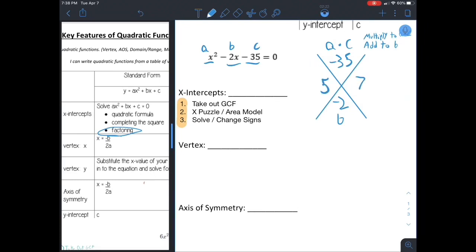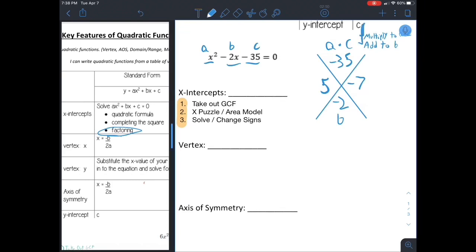5 times 7 is 35. We need to make one negative. So negative 5 times 7 is negative 35, so that works. And then negative 5 plus 7 is positive 2. Oh, that doesn't work. Maybe we switch the negative sign. So 5 times negative 7 is negative 35. 5 plus negative 7 is negative 2.